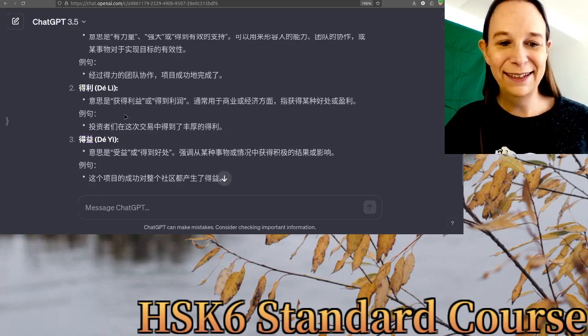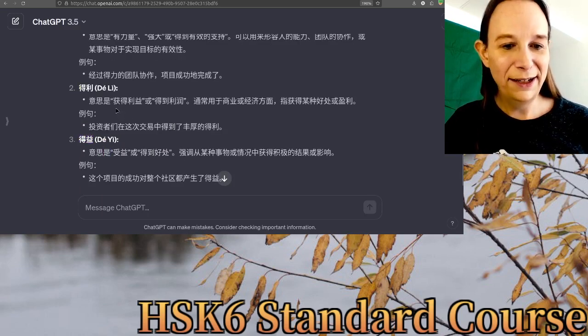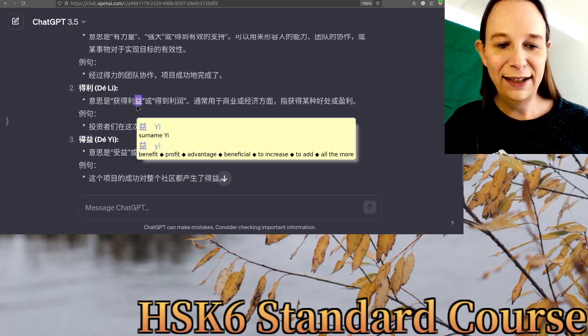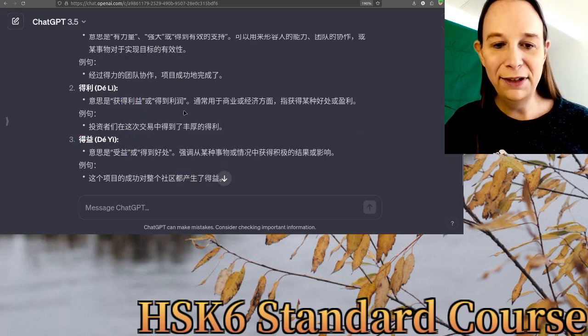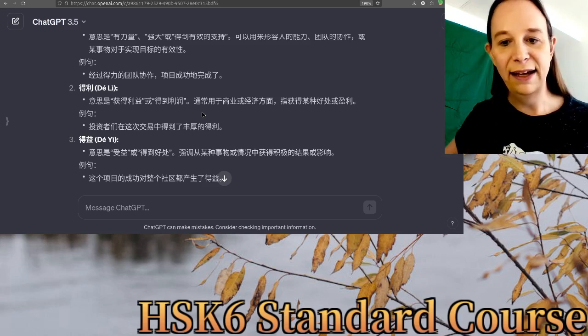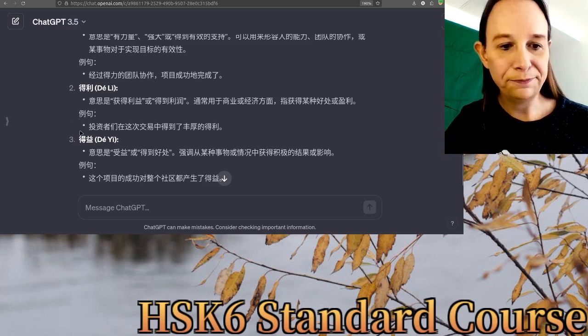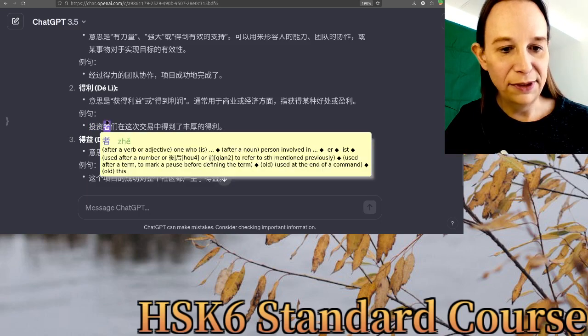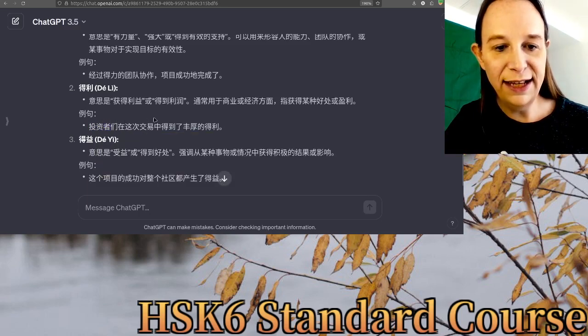That one also exists. 意思是获得利益和得到利润。通常用于商业或经济方面，觉获得某种好处和盈利。例如这儿，投资者们在这次交易中得到了丰厚的得利。No, that can't be right.